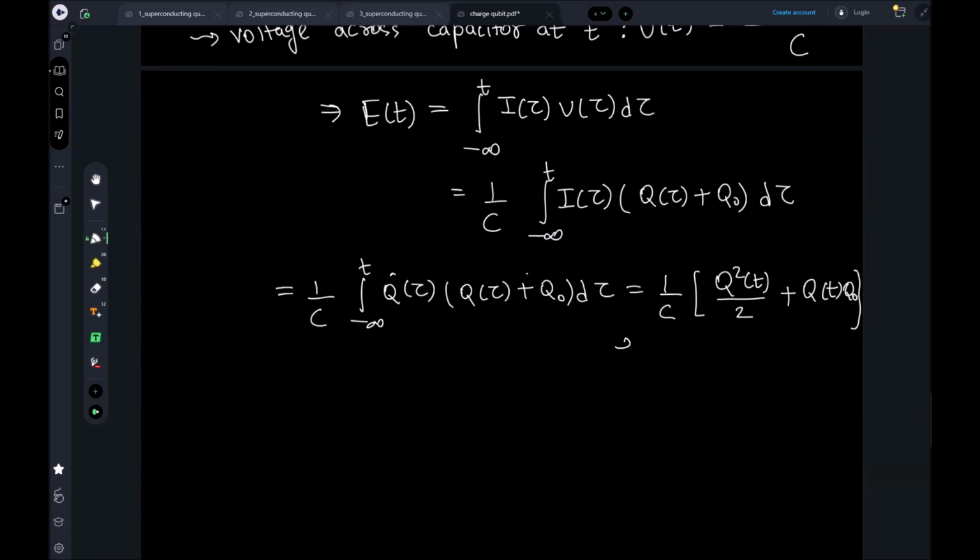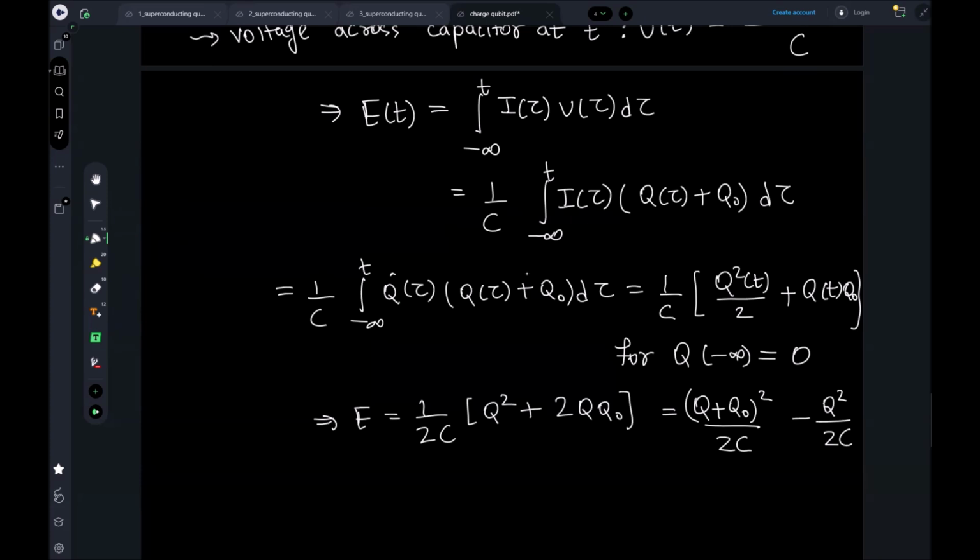And I'm going to assume that the external charge on the capacitor at time equals minus infinity is zero. And so I can write the energy simply as follows.